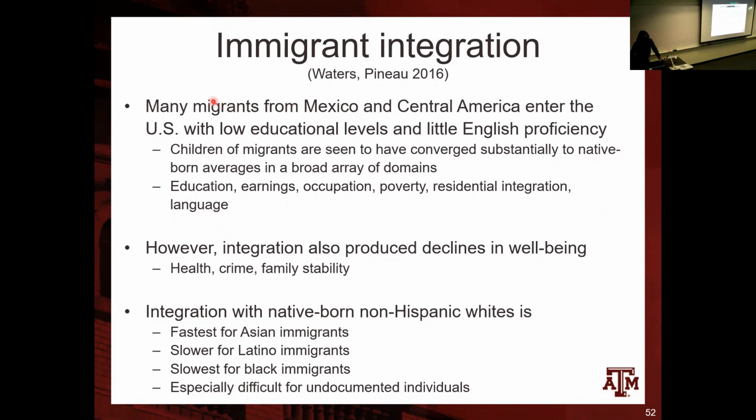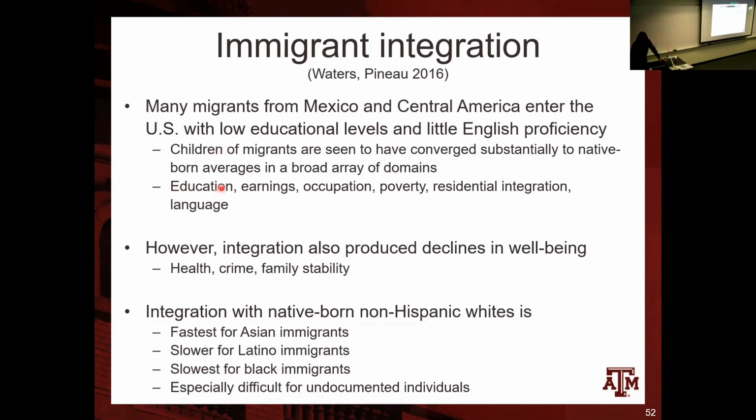So although first-generation immigrants on average, and mostly those from Mexico and Central America, have low levels of education and lower English proficiency, their children reach levels for a series of indicators at the same height as the US-born population.